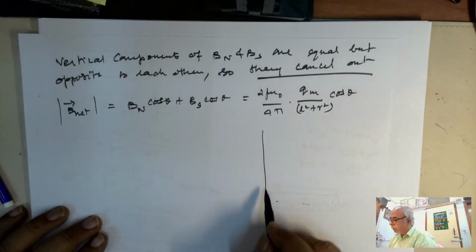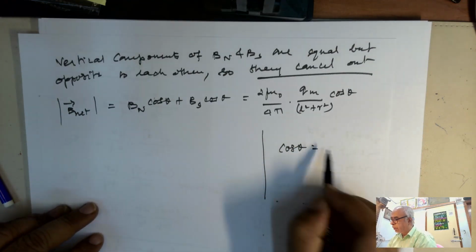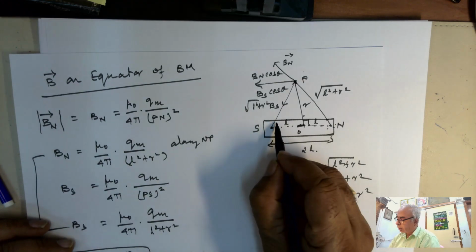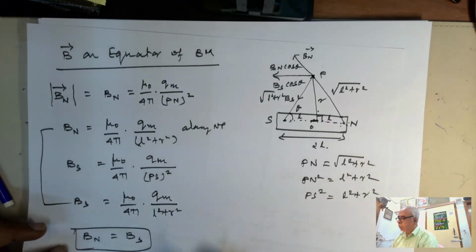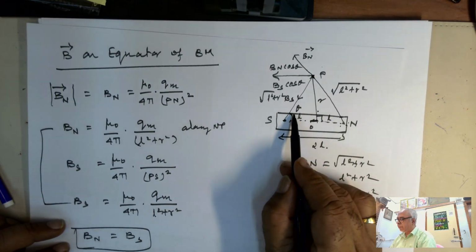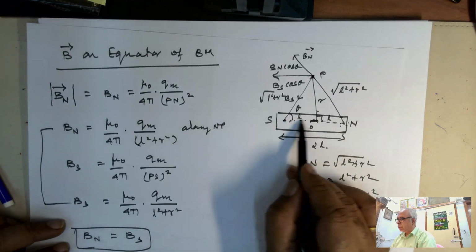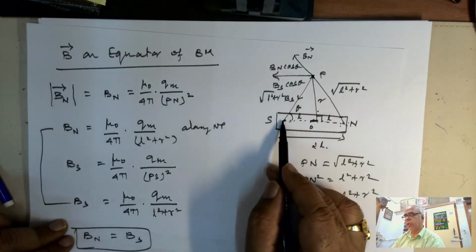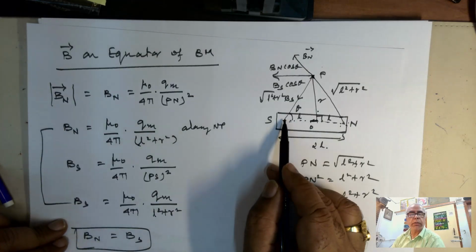So what is cos theta here? Let us consider this is the theta. So cos theta means L by what is that? This one, L squared plus R squared. Is it not?